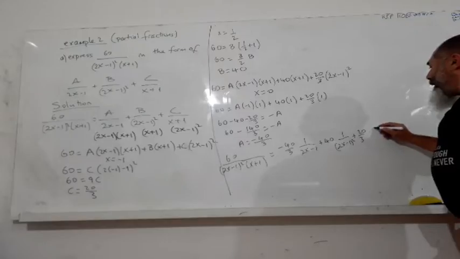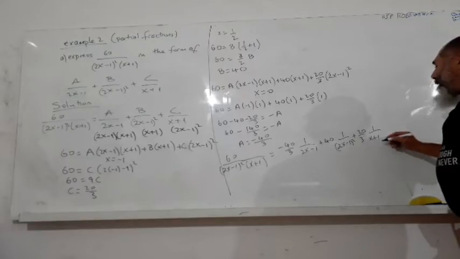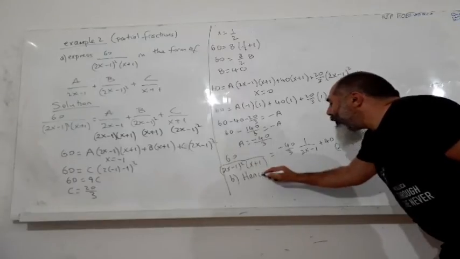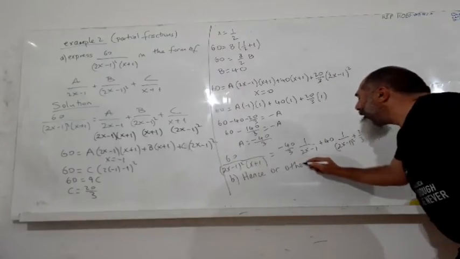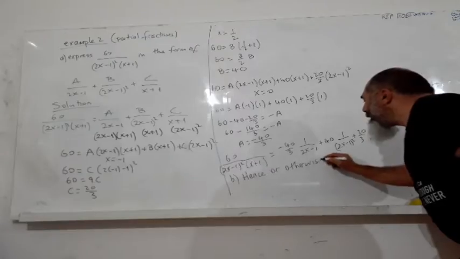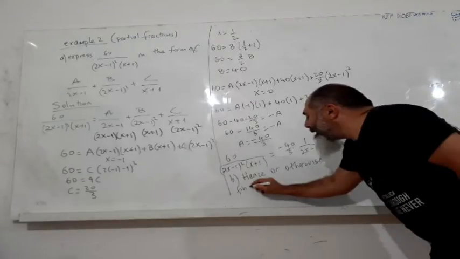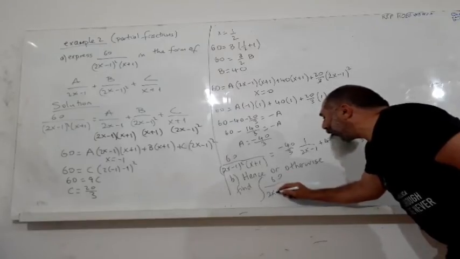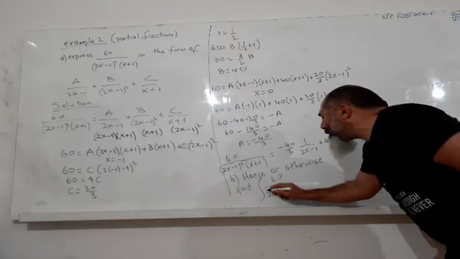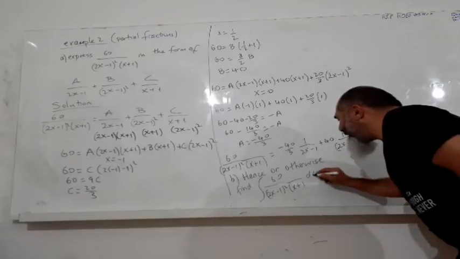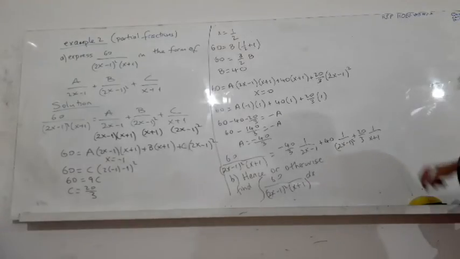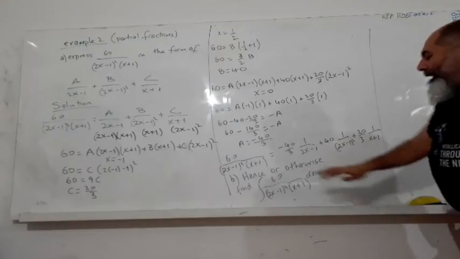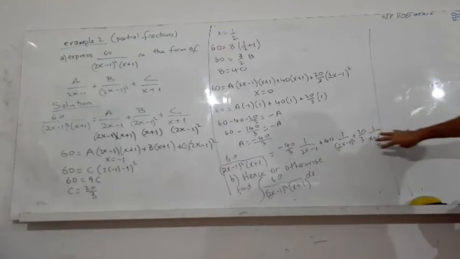Part B is going to be, hence or otherwise, find integration of 60 over (2x minus 1) squared (x plus 1) dx. Instead of that one, I am going to rewrite this whole expression by separating the integrations.